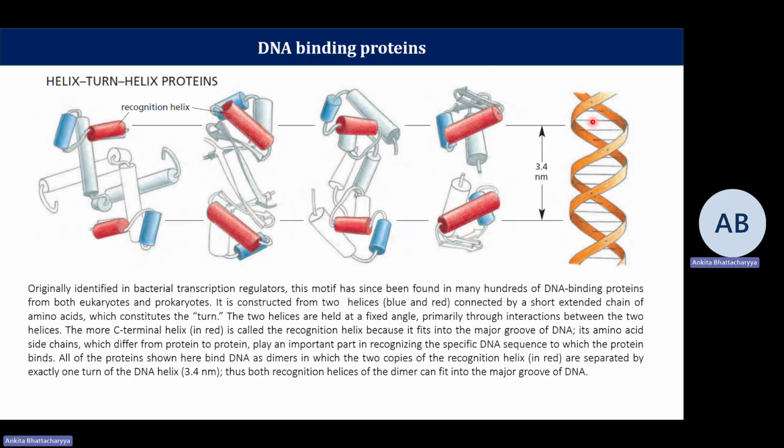We mean that usually these proteins bind as dimers, and their 3D orientation is such that these red colored recognition motifs that we talked about are able to bind the DNA only at the major groove, which facilitates the presence of two subsequent recognition motifs at two subsequent major grooves, which completes one turn of DNA. And therefore, the ability of these DNA binding proteins to recognize that DNA motif increases by a lot.